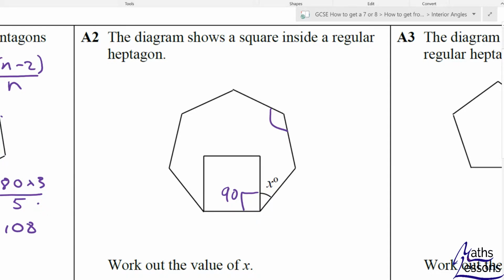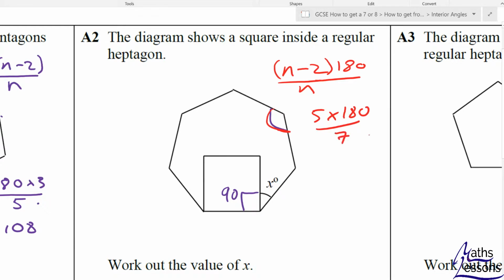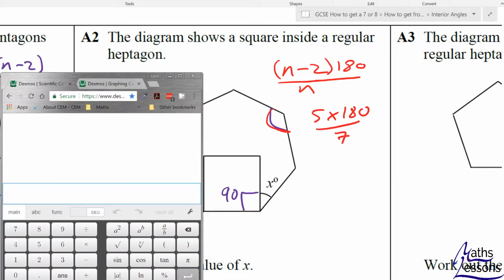So just work out that this angle is 90, and then we're going to work out this angle here, because it's the same as this angle here. Oh, I forgot to turn the mic back on there. We're going to use (n minus 2) over n times 180 to get the interior angle here. That's going to be 5 times 180 over 7. Grab my calculator.